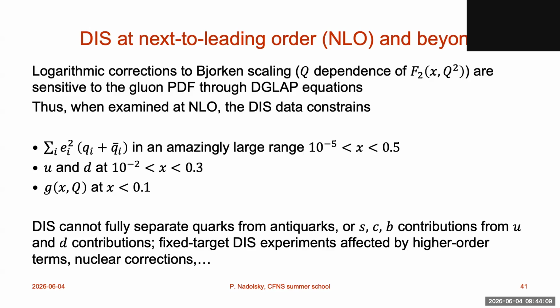Now you can also measure other combinations of flavors, but perhaps again, the important thing is that inclusive DIS on its own cannot really resolve all contributions. And so that's why you see some analyses which will only work with deep inelastic scattering. They can show you very small uncertainties, but what you have to remember is that the uncertainties are small because the PDF parameterization is quite rigid.